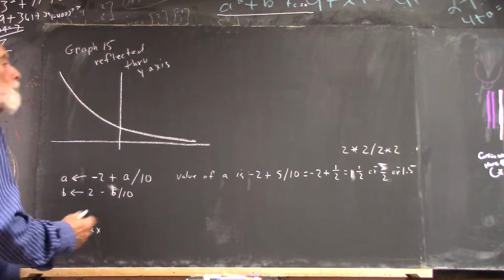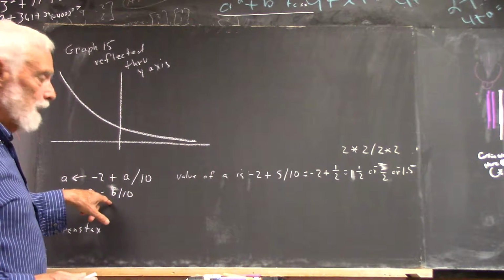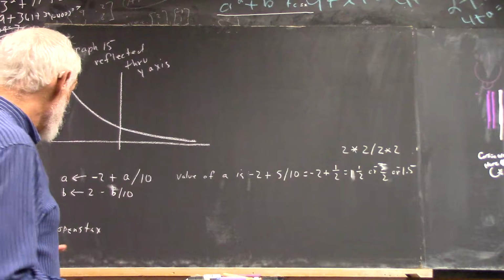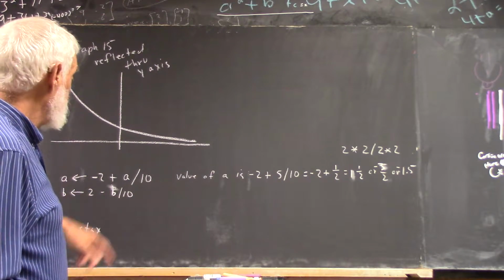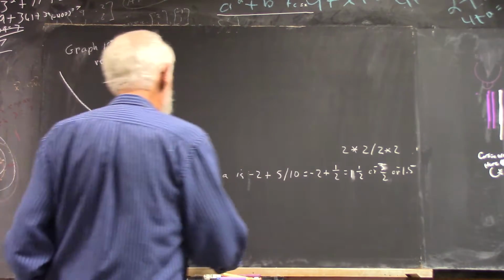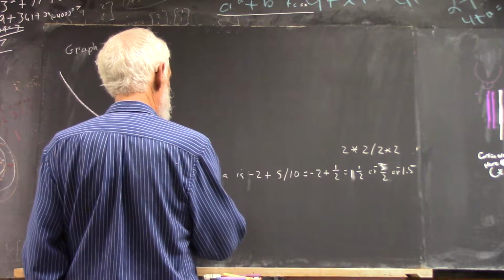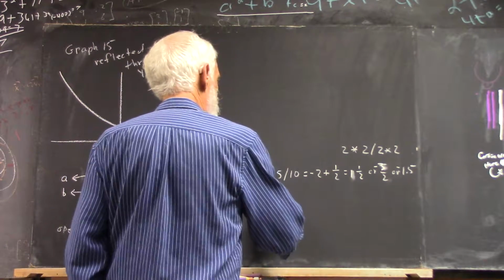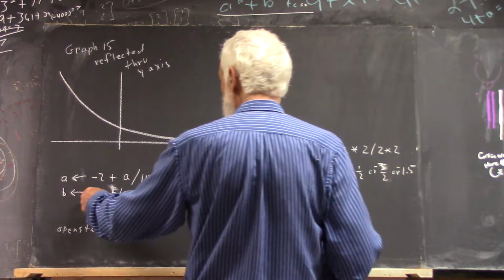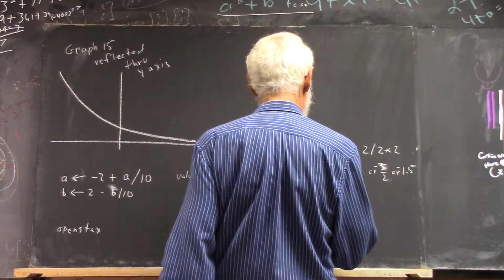So using my values again, where A is 5, B is 4, C is 6, I've got 2 minus B over 10. So the value of B is going to be 2 minus 4 over 10.